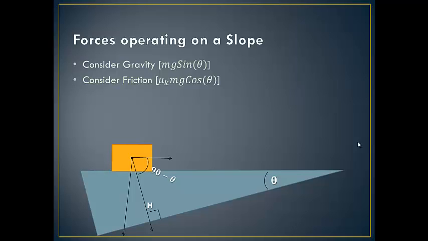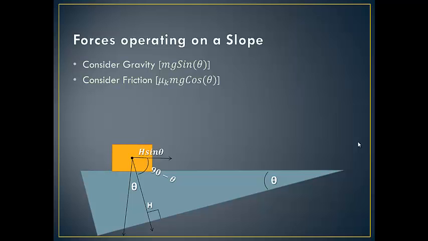Therefore, since the two resolved vectors are 90 degrees away from one another, we know that this is theta. So, applying trigonometry, we find that the vector parallel to the ramp is equal to h multiplied by sine theta.